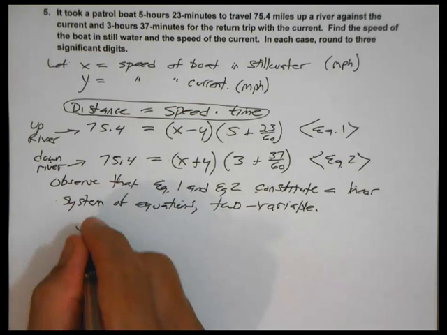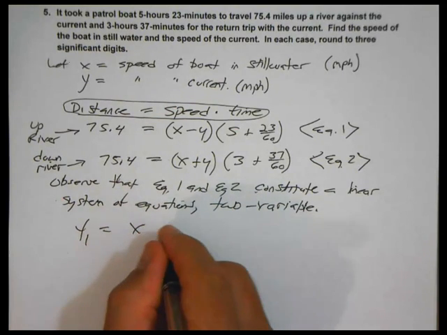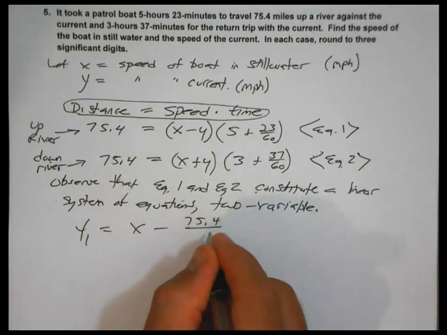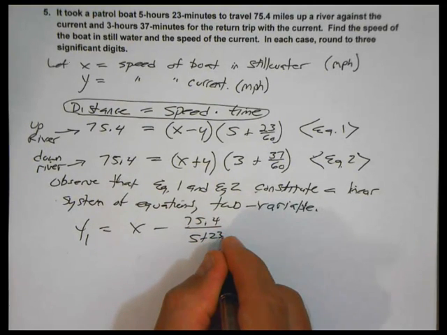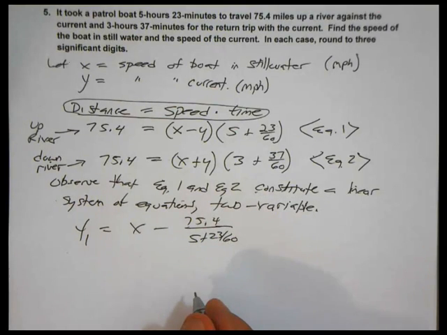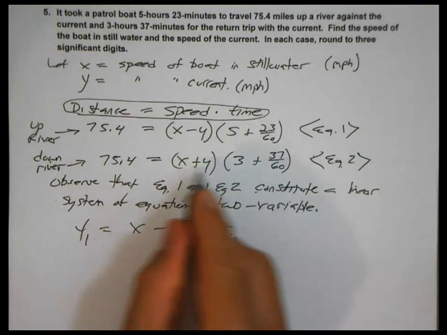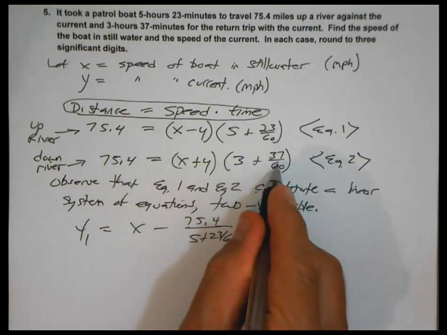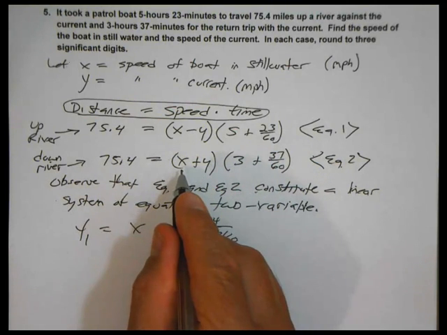We would have y1 equaling 2 x minus 75.4 over 5 plus 23 over 60. Okay. For the second equation, if we go to solve for y in this case, divide both sides by 3 plus 37 over 60, then subtract x from both sides.